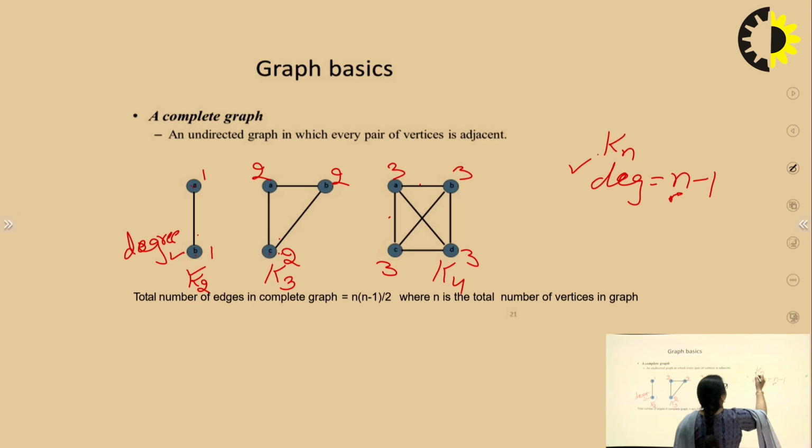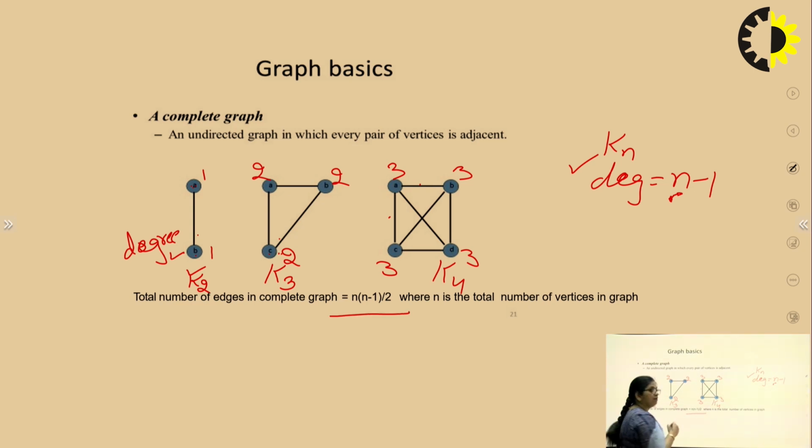If n number of vertices are there, what will be the number of edges in a complete graph? That will be nC2, n into n minus 1 by 2. The total number of edges in the complete graph with n vertices will be n into n minus 1 by 2. That is our possible edges.